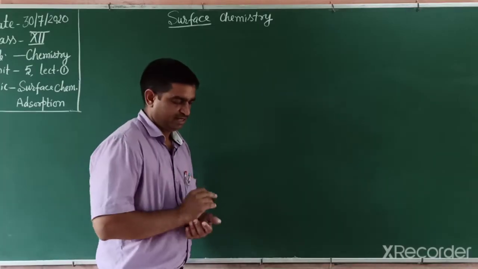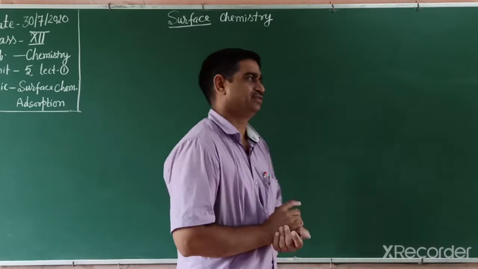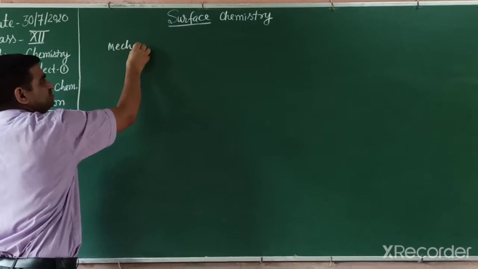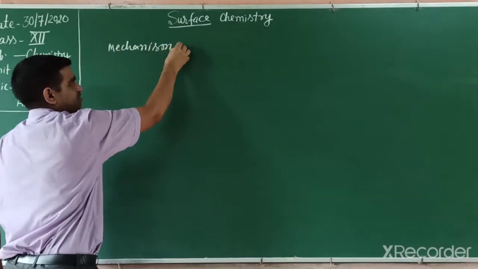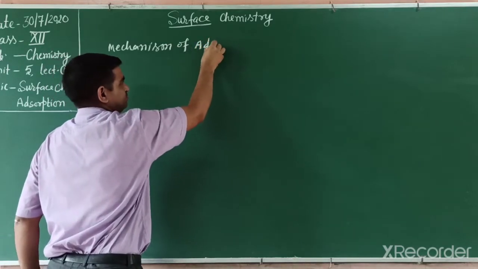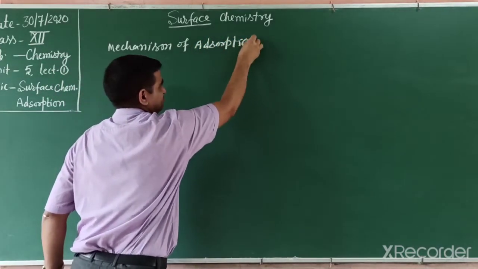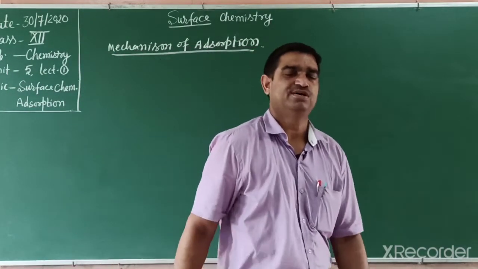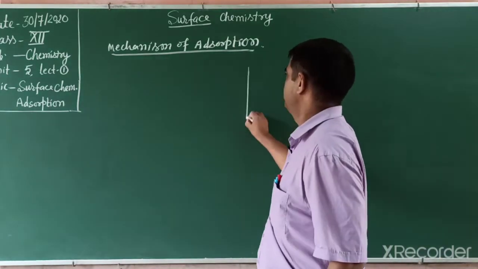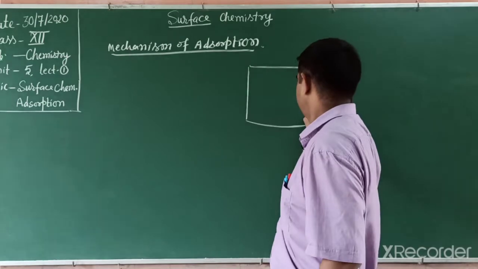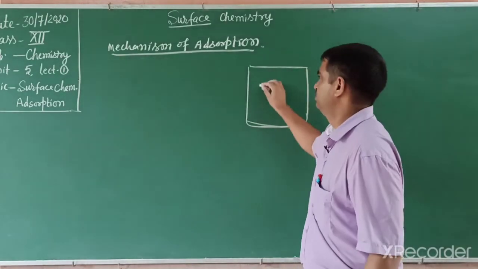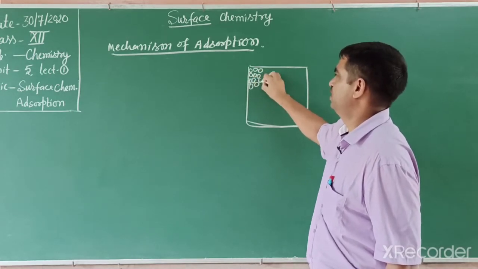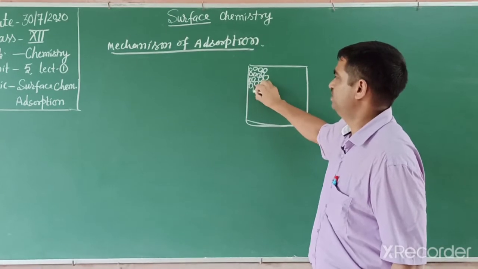Students, we will explain how adsorption occurs. So we can say the mechanism of adsorption. How does adsorption take place? Suppose this is an adsorbent made of molecules, like alumina gel or silica gel.